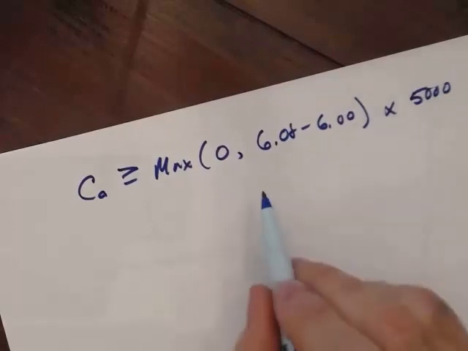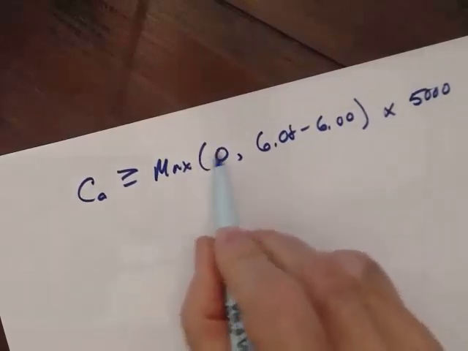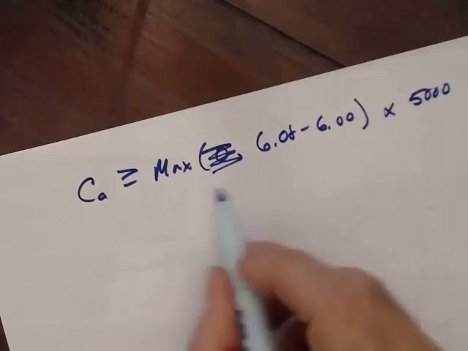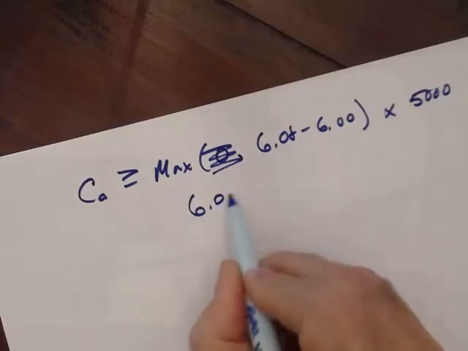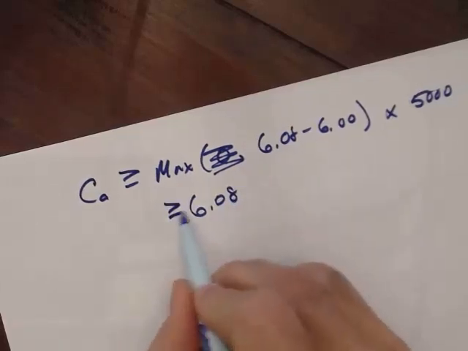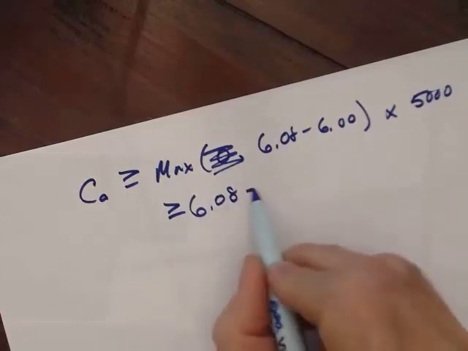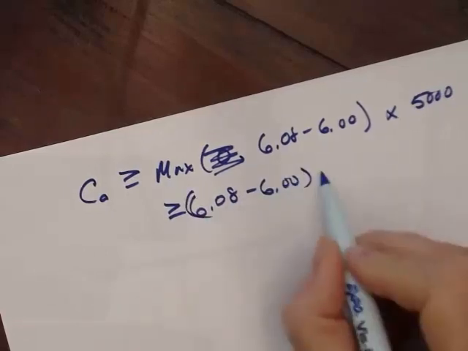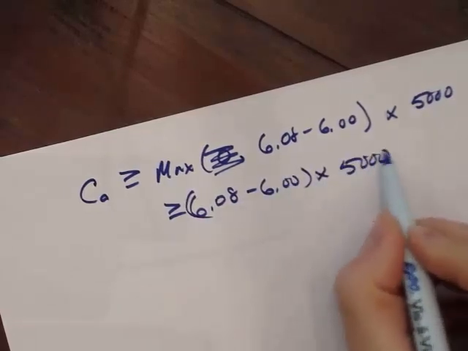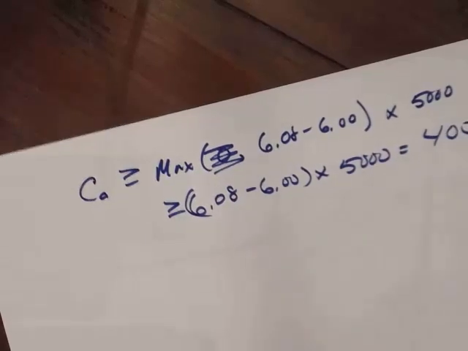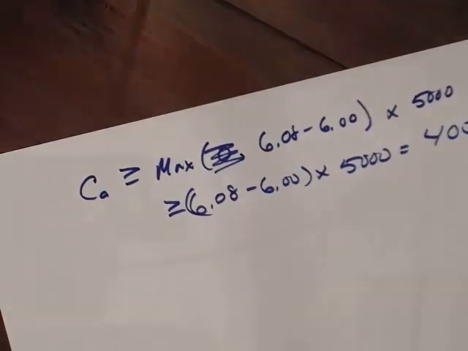Now, in this case, the option is in the money, so the zero part goes away. And really, the lower bound is this, and that equals $400 for the lower bound of this option.